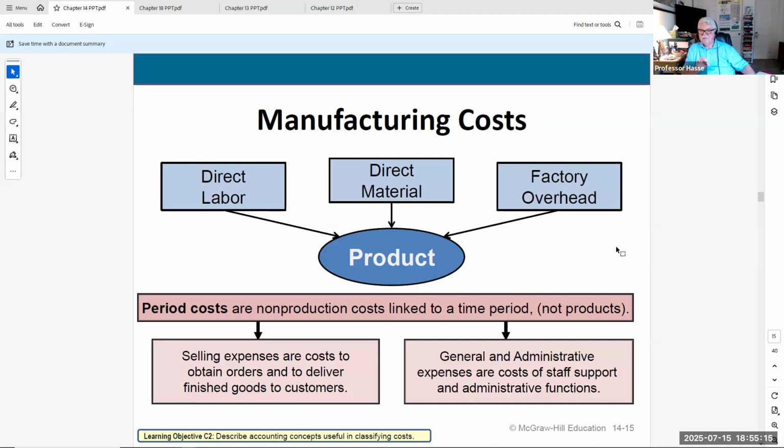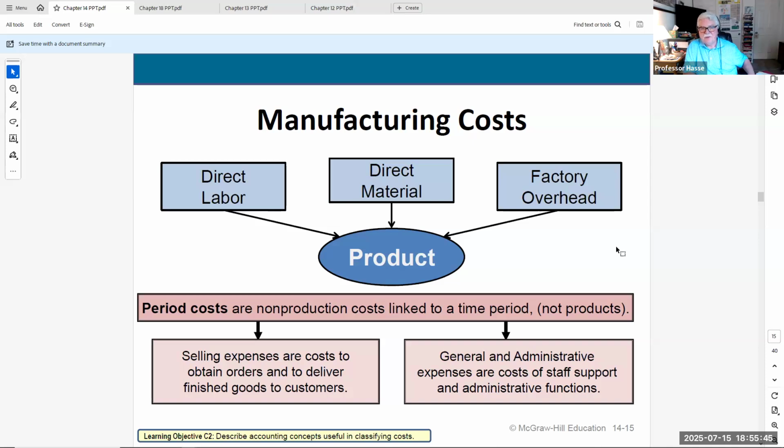The key difference between these two, besides one being associated with the product and the other being non-production costs, is that there's a time period for these two types of costs. A product cost is what it costs to produce a product. But once you produce the product, it goes into an asset account called inventory, and it sits there until you sell it, and then it becomes an expense.